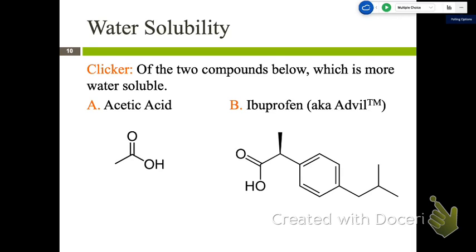So if we look at these 2 molecules, we have vinegar or acetic acid on the left, and we have ibuprofen, Advil on the right. Which one of those 2 do you think is going to be more water soluble, and why? And if you think both are going to be equally water soluble, I should have put option C on here as well.